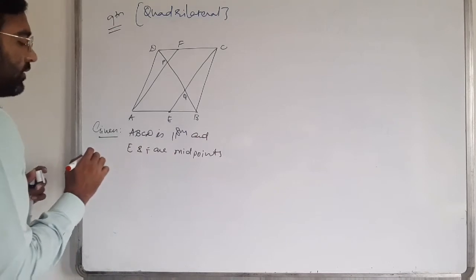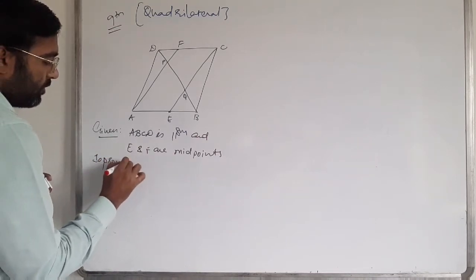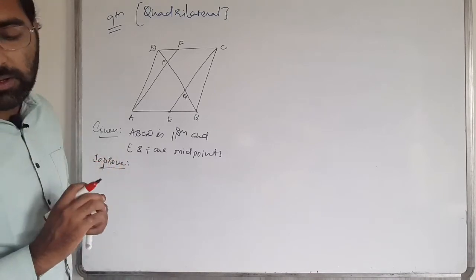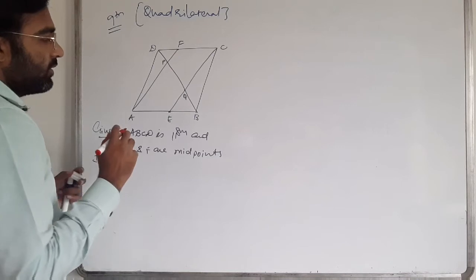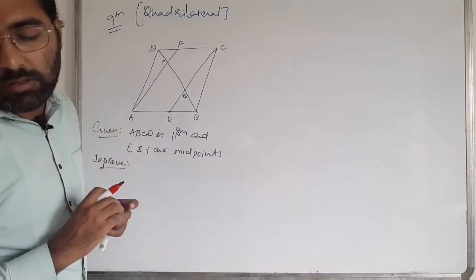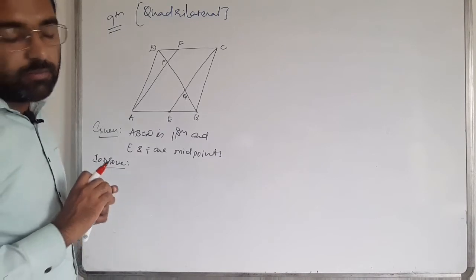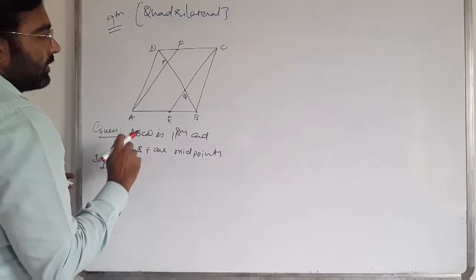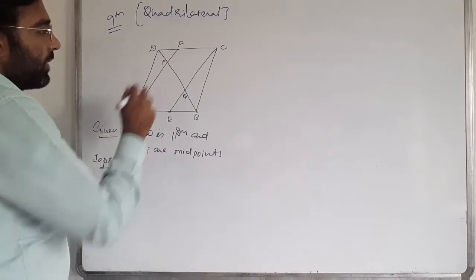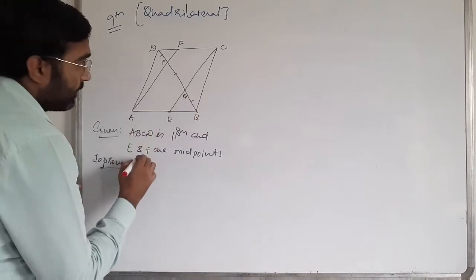Okay, so to prove that AF and EC trisect diagonal BD. Trisect means three equal parts: PD, PQ and BQ.